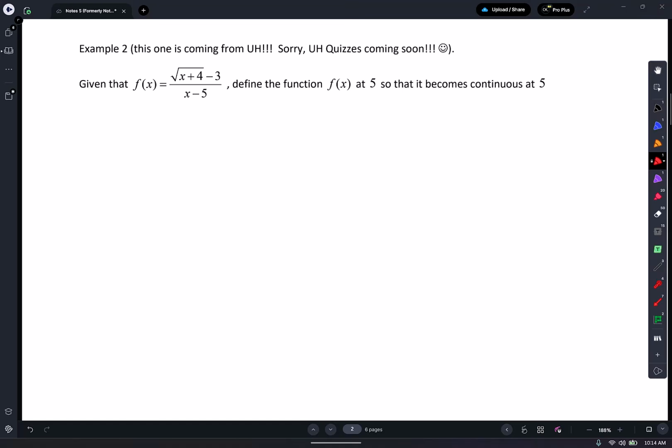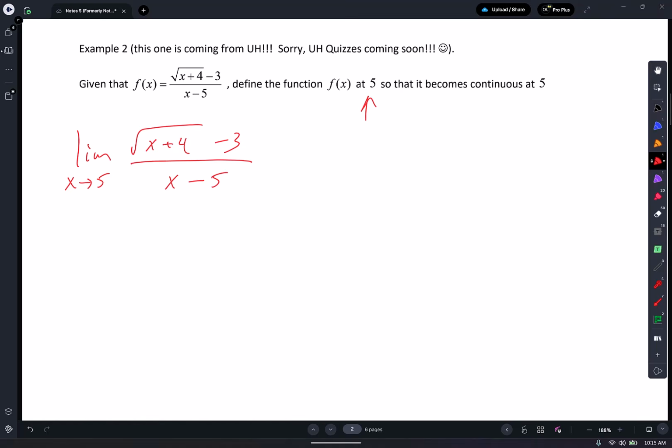So I gotta check to see what the limit is. If it has a limit, that limit is a hole. If it doesn't have a limit, then that means it's a vertical asymptote. Does that make sense? So I'm gonna find the limit as x approaches 5 of this function, square root of x plus 4 minus 3 over x minus 5. Are we okay?